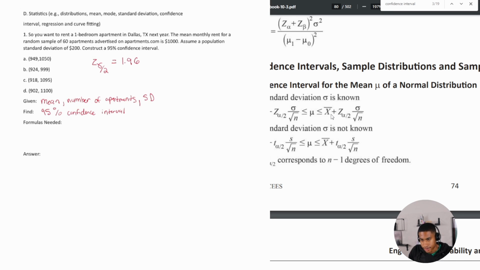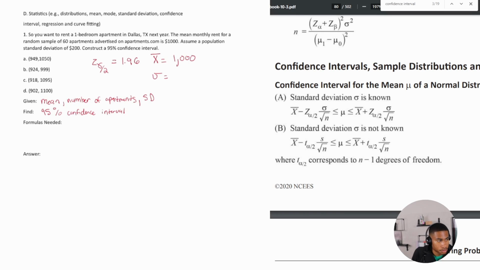what are our bounds, right? What are our bounds? So we have X bar, which is equal to the mean, which is equal to 1,000. We have standard deviation, which is equal to 200.